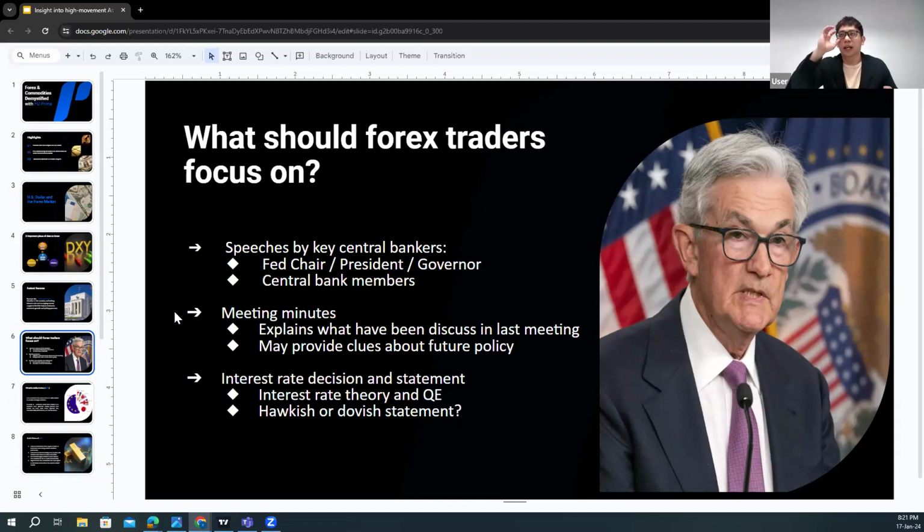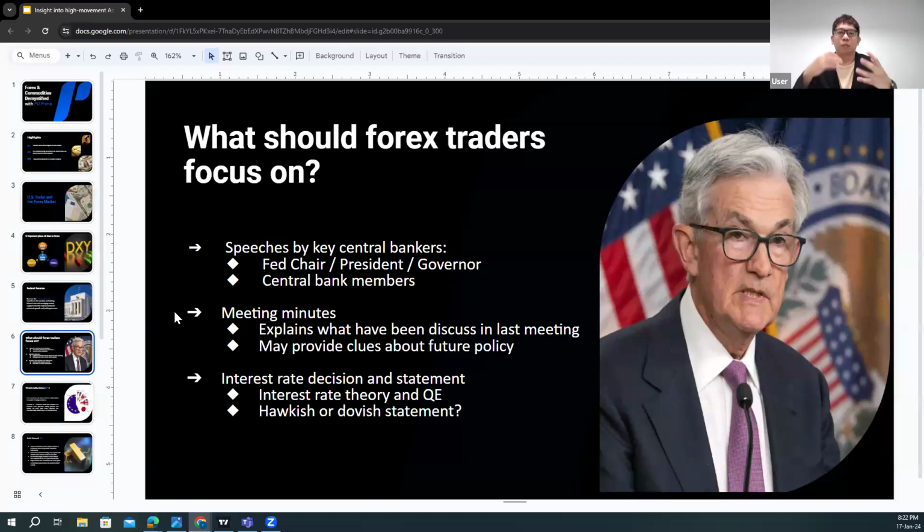Okay. And the next thing is the meeting minutes. Under the Federal Reserve, they have a committee called the Federal Open Market Committee. They are the ones that actually come together and have a meeting. After that, they decide the monetary policy for the US. At the end of every FOMC meeting, they will always come up with these meeting minutes.